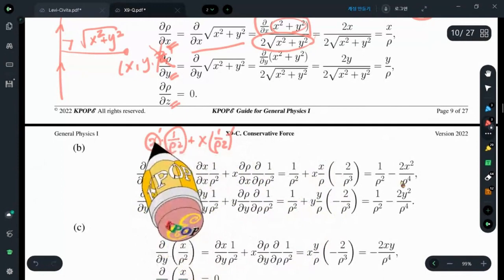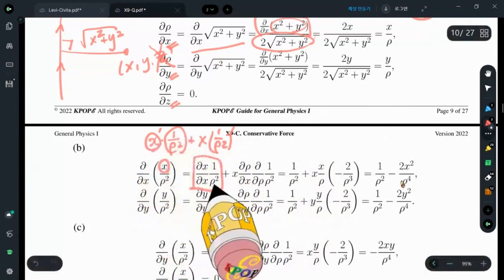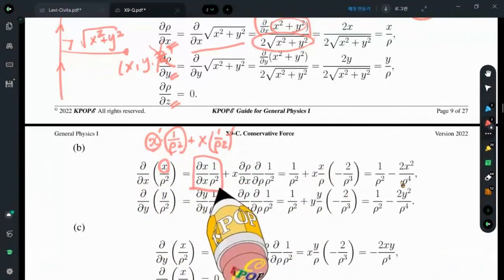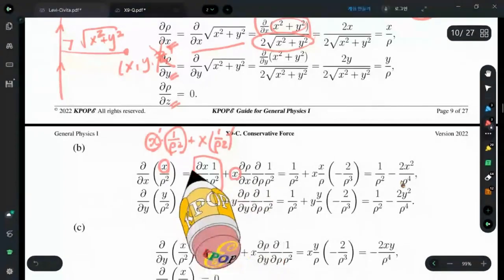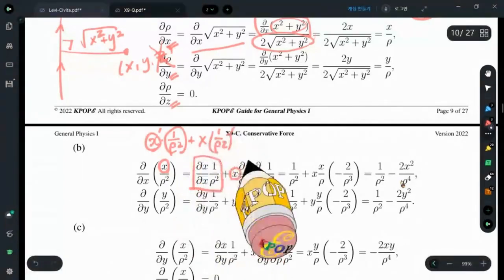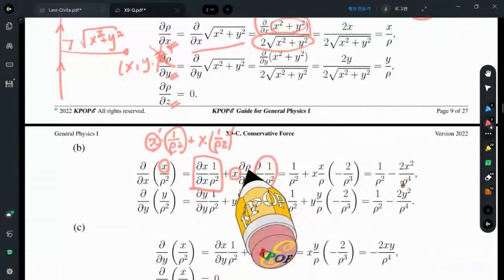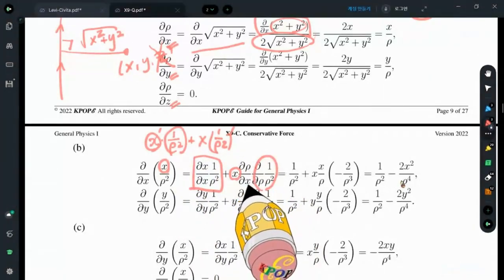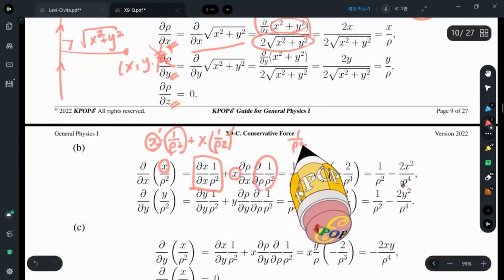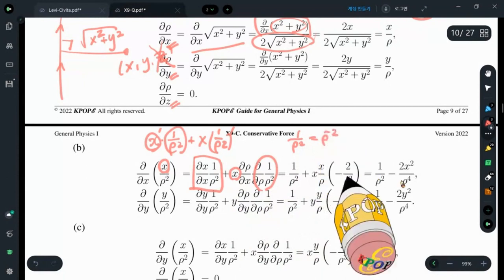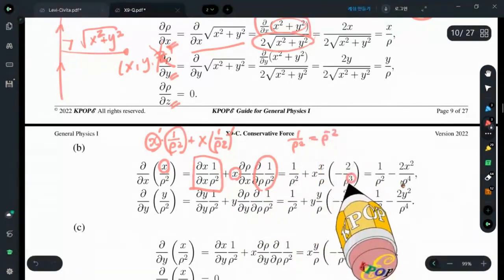So the derivative of x appears here, keeping 1 over rho squared intact. And then keep x as it is and take the derivative of this one. After that, take the derivative of rho with respect to x. The answer is, 1 over rho squared is rho to the minus 2, and it becomes minus 2, and we have a triple power.